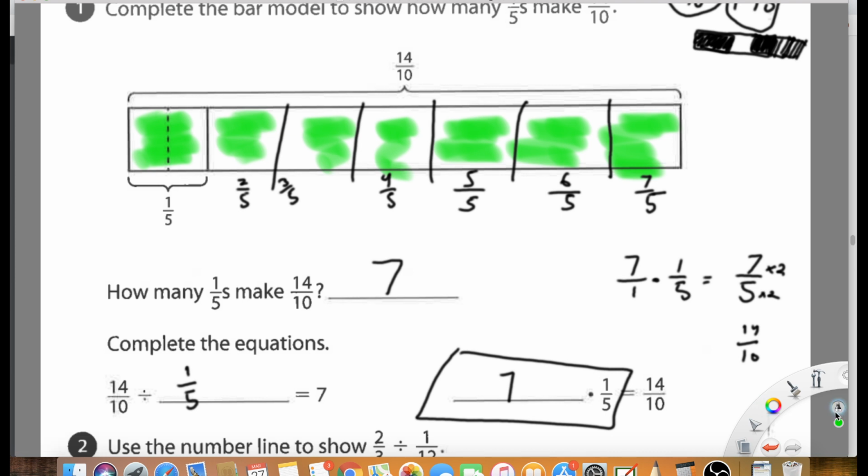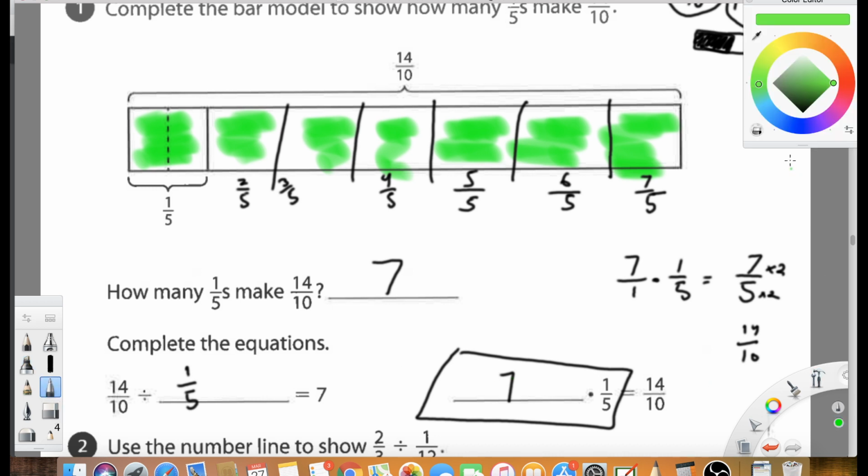If you see the 1/5 get split up, it creates 2 parts. And if we do that in all the other spots, let's do it with blue. So if we do it for the other ones, now we have 1, 2, 3, 4, 5, 6, 7, 8, 9, 10, 11, 12, 13, 14.